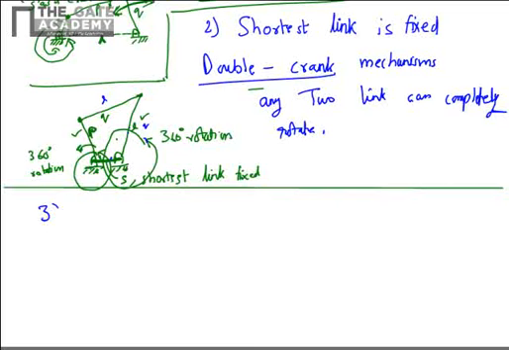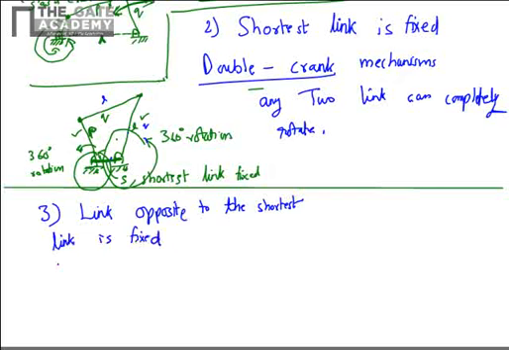The third category is the one where the link opposite to the shortest link is fixed. This category results in a rocker mechanism. So I'll do a sketch for you.